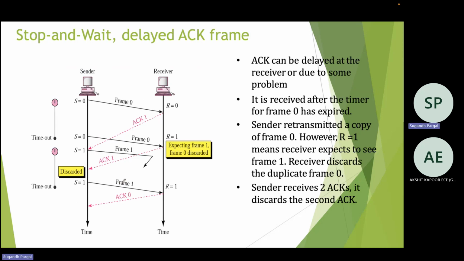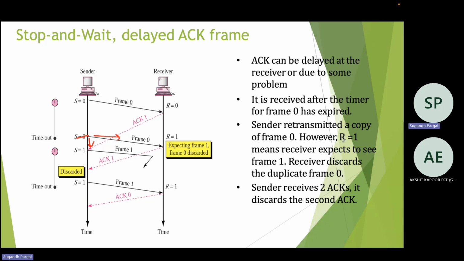In case of a delayed acknowledgement, the acknowledgement can be delayed so that it is received after the timer of frame 0 has expired. Say this was the timeout. The acknowledgement is received after this timer has expired, so the sender will feel that the frame has not reached. It again sends frame 0.